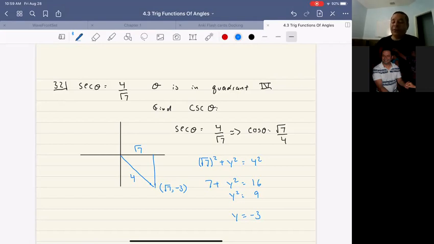Now we have to find cosecant of theta. Cosecant of theta is the reciprocal of sine, which we know sine is y over r, so this is going to be r over y. So this is going to be 4 over -3. So cosecant of theta is -4 over 3.